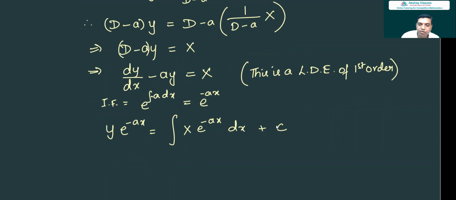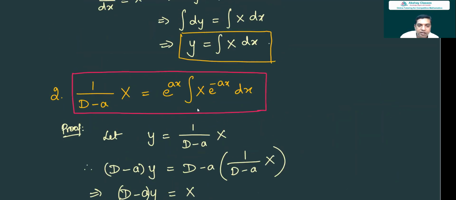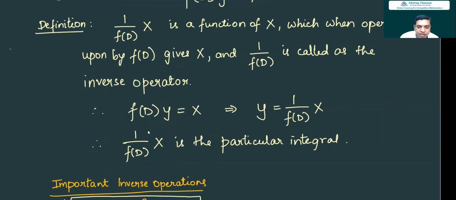We omit this plus c because it's a particular integral. We know that this is a particular integral, and we omit constants.